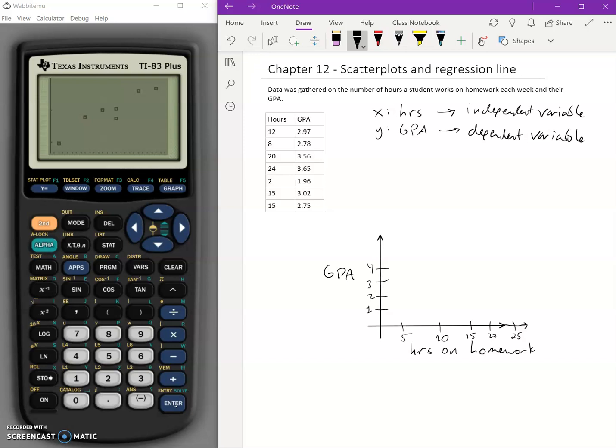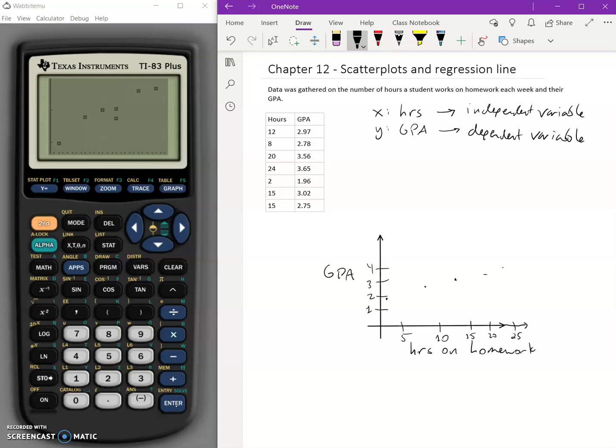Then we can draw these by ourselves. A GPA of 2.97 would correspond to 12 hours, and 8 hours would correspond to a GPA of 2.78, and so on and so forth. So you get the gist of what we want this to look like.